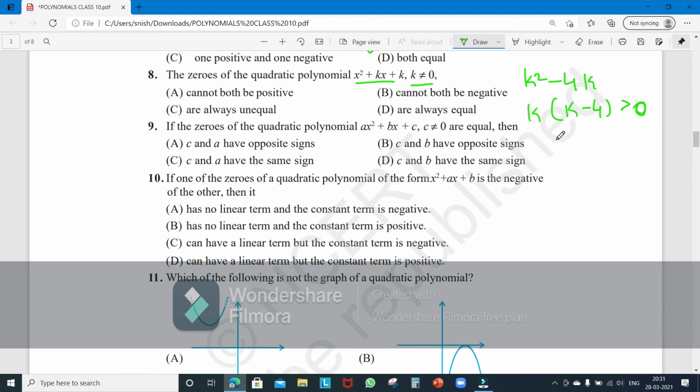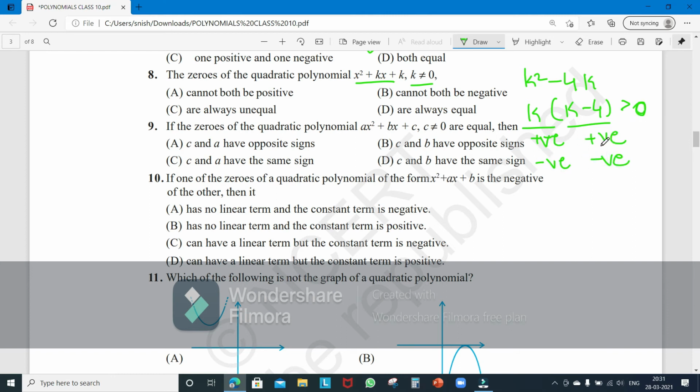Now, what happens is k and k minus 4. In which conditions can you get them to be greater than 0? It is possible when both are positive, in the sense k value is positive and k minus 4 is also positive, right? Or when both are negative. Okay, negative into negative is also positive.